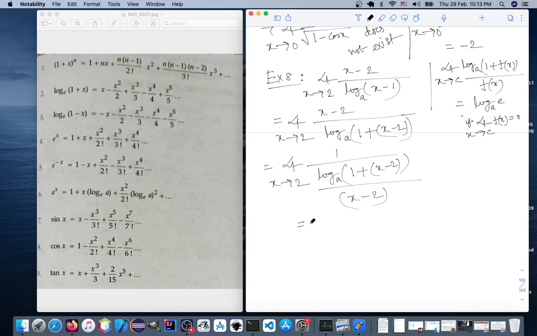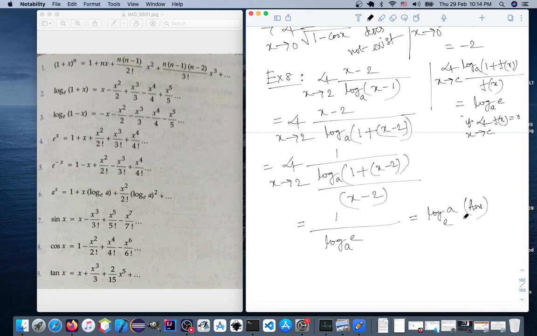Now we can apply the standard result and we get 1 by log a e, which is equal to log e a. Okay, so this is the answer.